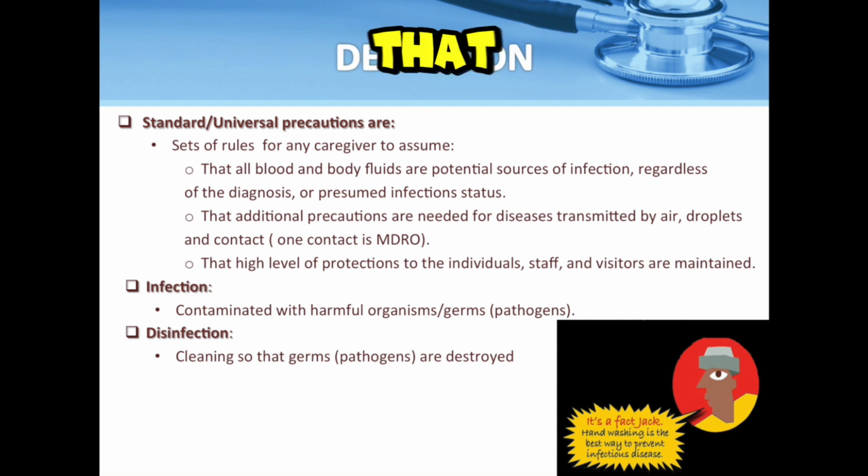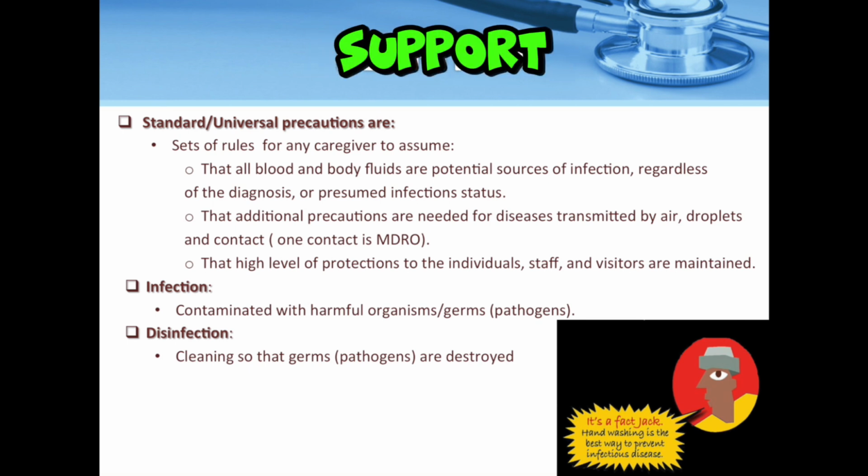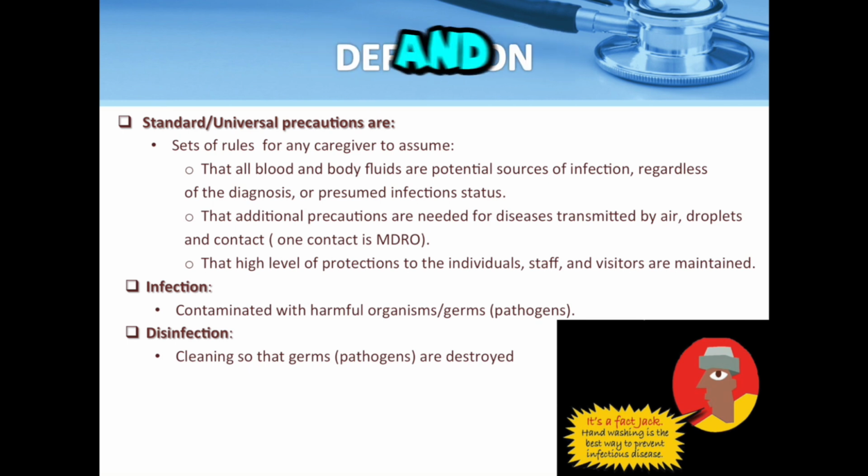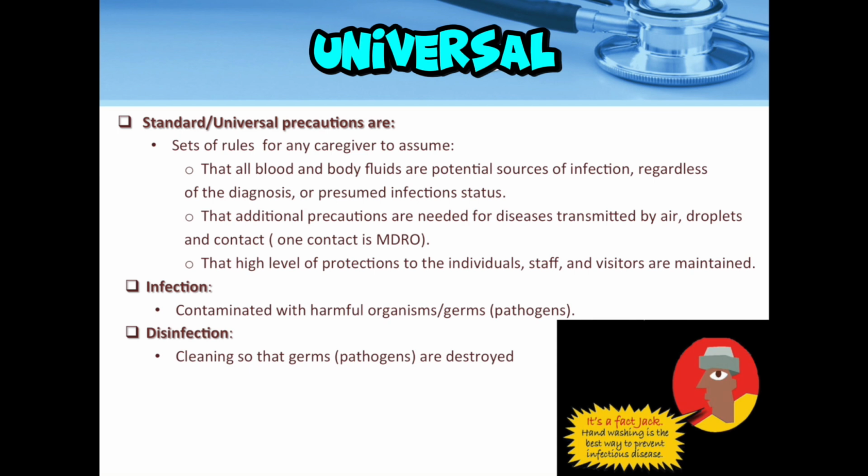Additional precautions are needed for disease transmitted by air, droplet, or contact, and a high level of protection should be maintained around the individual we support. Yourself and the visitor should also maintain high universal precautions.